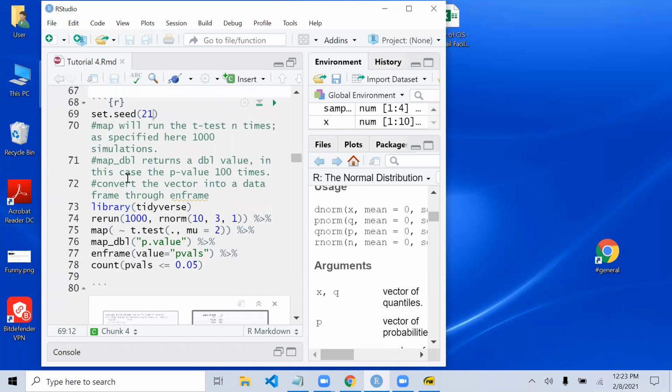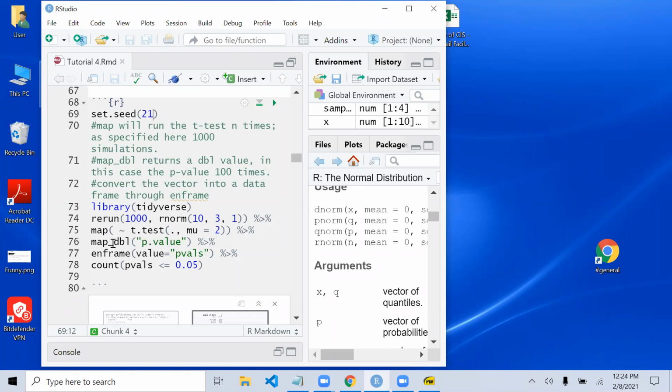it's going to run this test 1,000 times, right? And then it's going to put these outcomes into this t-test. Every time it runs through the loop, it will take the test and compare it to a mu of 2. Then the map on a DBL is saying, well, we recognize the p-value as a numerical value, so let's use the function map underscore DBL to pull out that p-value.